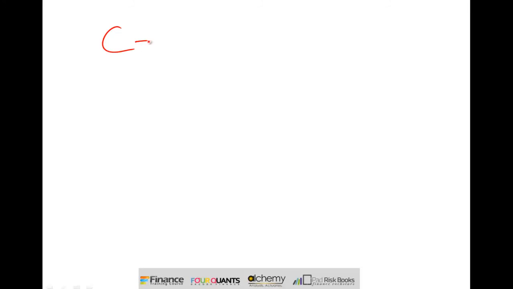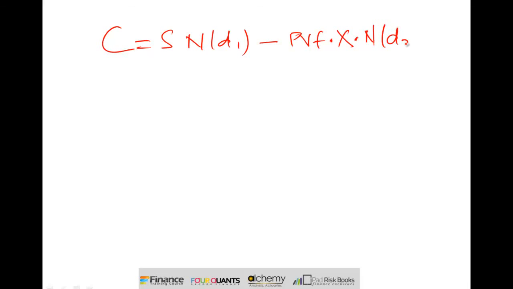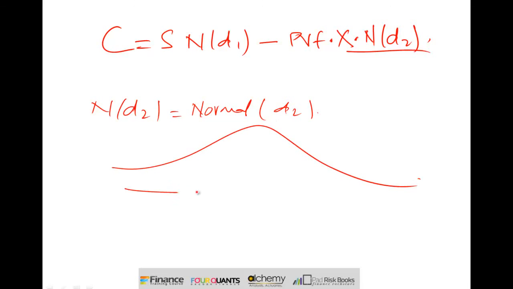For a call option, the formula is given by S N of D1 minus the present value, let's call it PVF, of X, the strike price, times the probability that ST would be greater than X. This N of D2 is simply the normally distributed value of D2, which effectively corresponds to this chunk here.